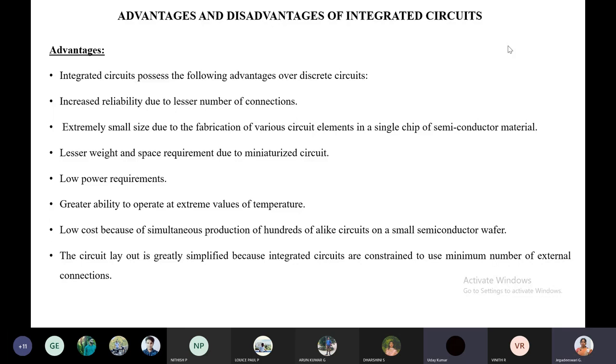Extremely small size due to the fabrication of various circuit elements in a single chip of semiconductor material. Lesser weight and space requirement due to miniaturized circuit. Low power requirements.